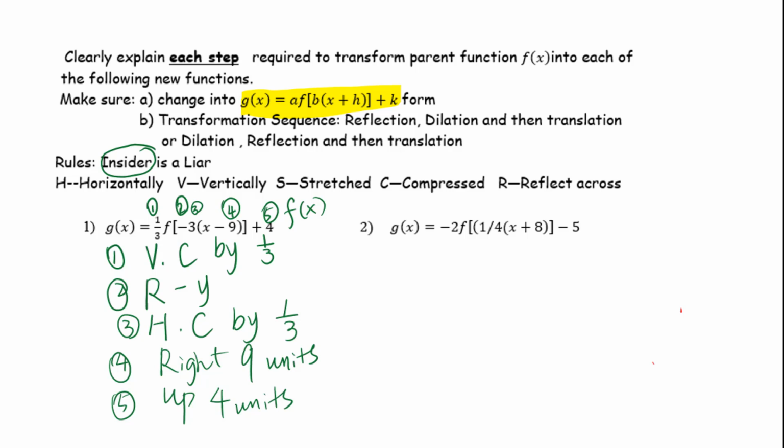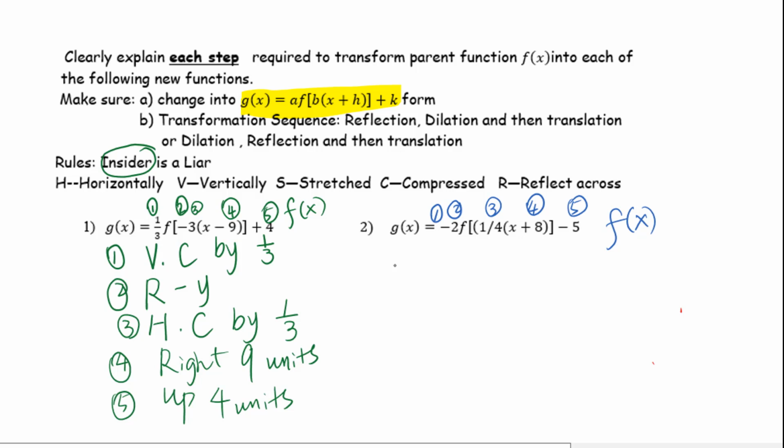Let's go to number 2. Compared to the parent function f of x, we have a negative sign. So first step, second step, third step, fourth step, and fifth step. For the first step, this negative sign is related to the y. Therefore, reflect across the x-axis.